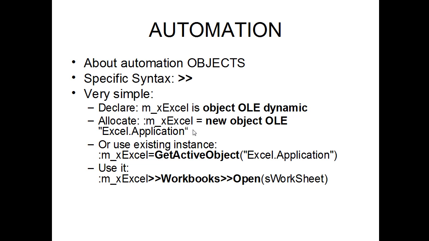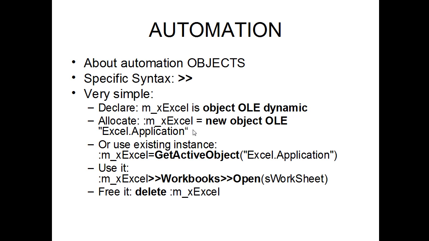Now, once you are done with your OLE object inside your application, you have to delete it. You have to free the memory. Otherwise, this thing is going to linger in your program till the end of time. So to do that, again, it's an object syntax, and you do delete m_xxl.